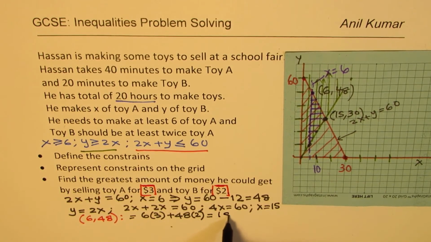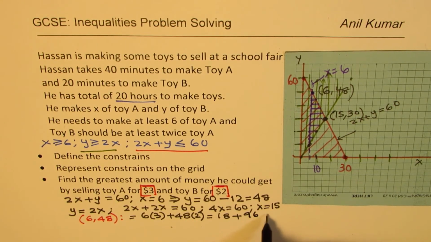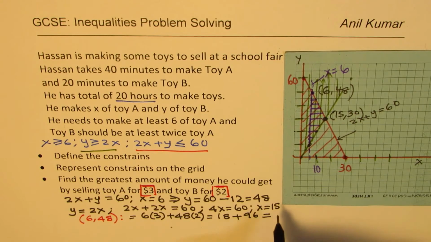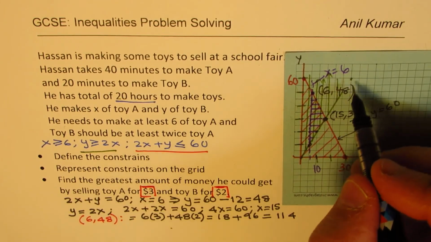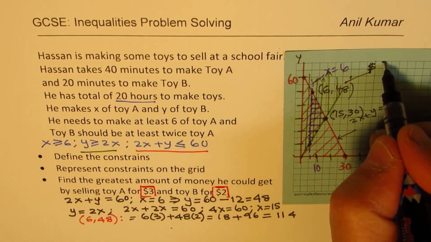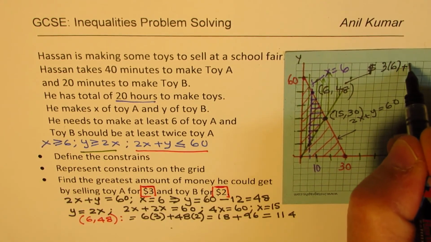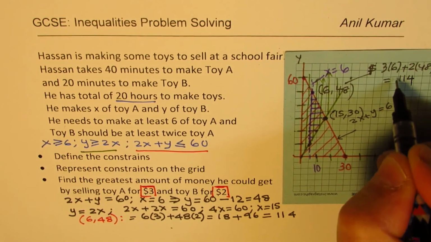So that gives you 18 plus 96, right? And that gives you 114. Units I have taken as dollars, not pounds in this case, since my keyboard has only dollars. So for earnings at this point, we have 3 times 6 plus 2 times 48, and that gives me 114.